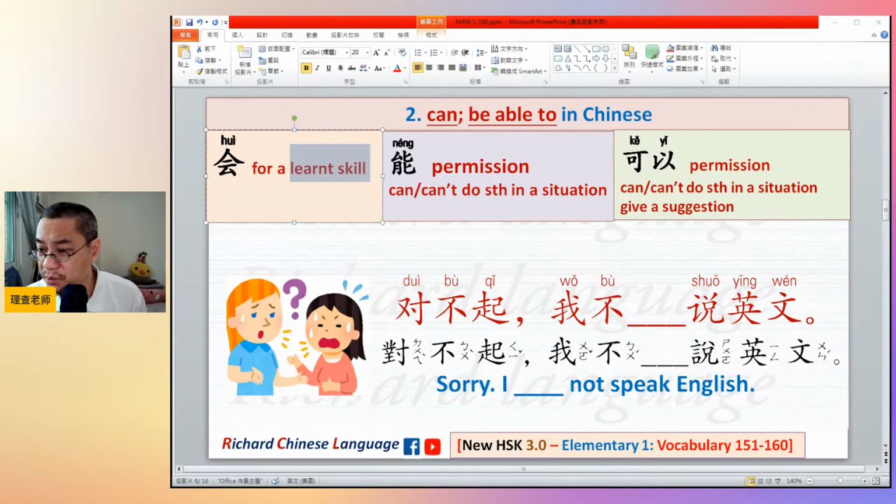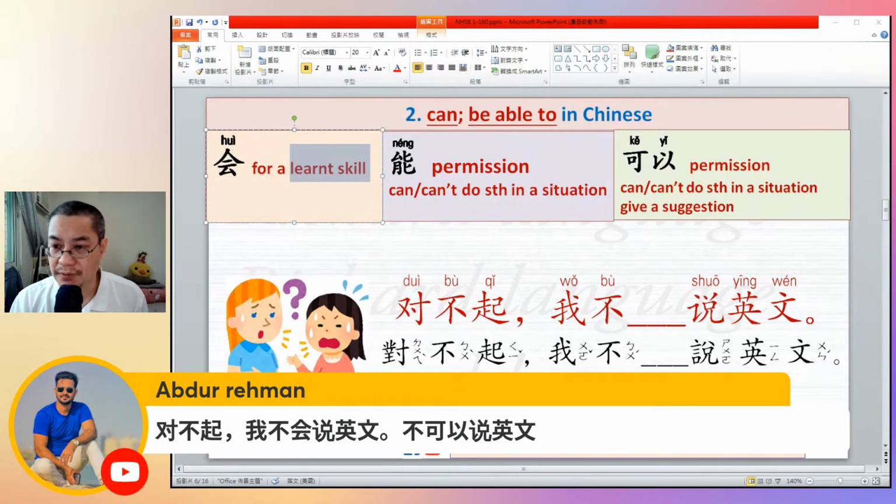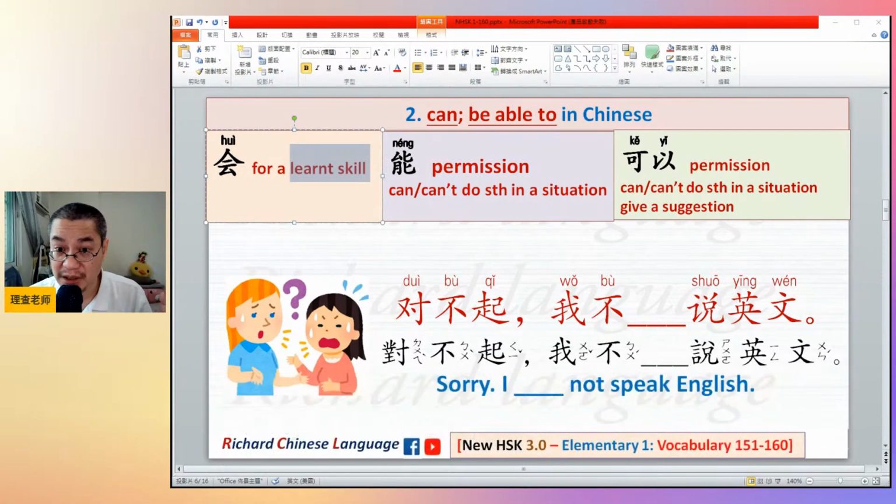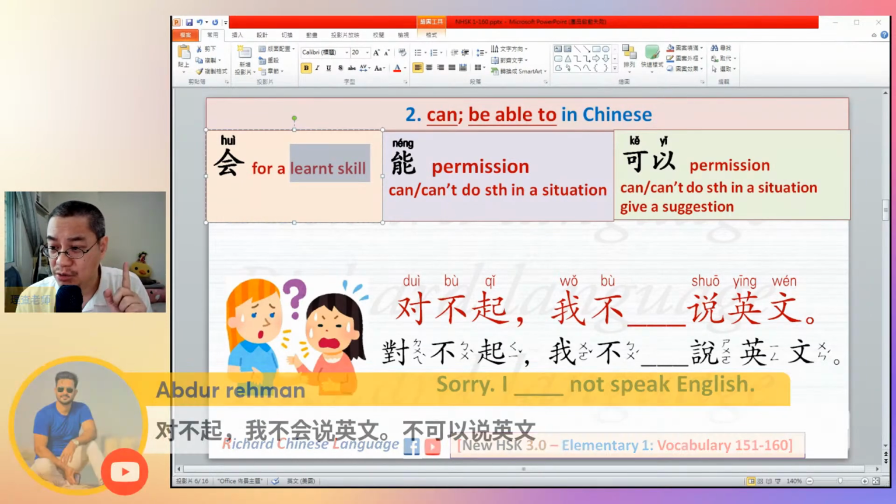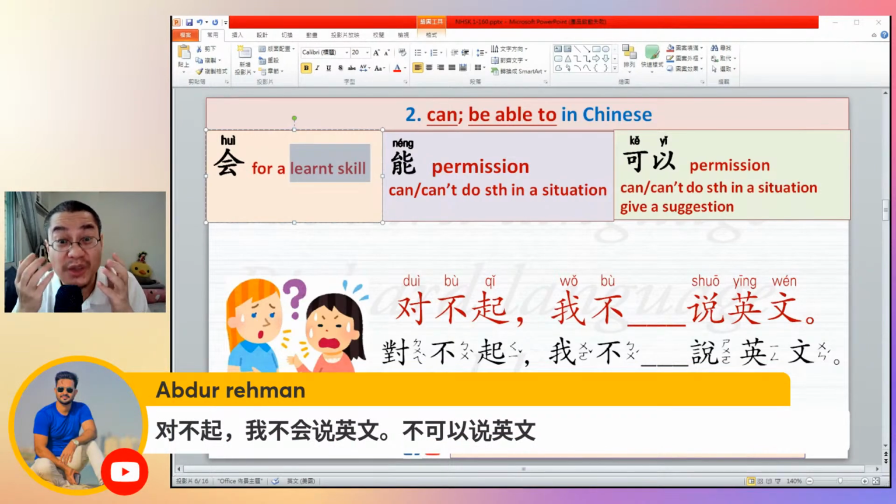对不起我不会说英文。When you say 不可以说英文, that's a different situation because, for example, in this place, English is not allowed here. So 我不可以说英文. When you say 不可以说英文, that means you know how to speak English. But in this place, speaking English is not allowed.